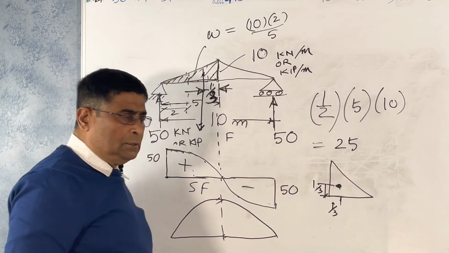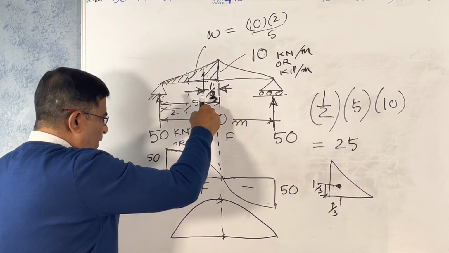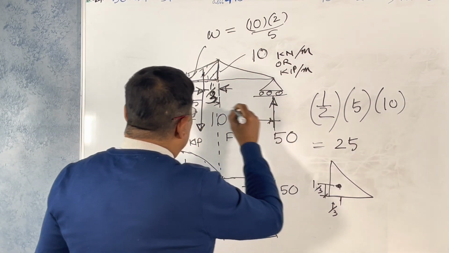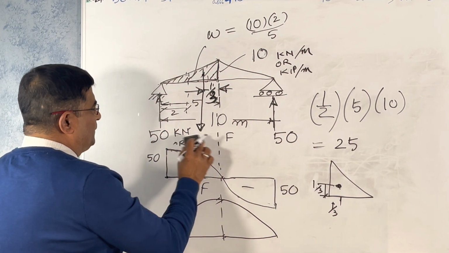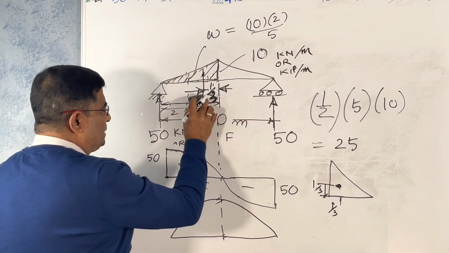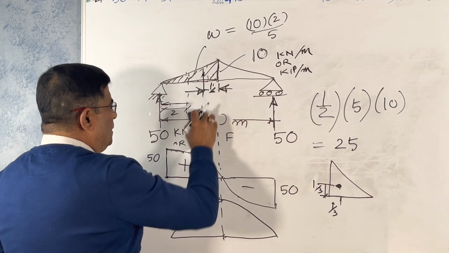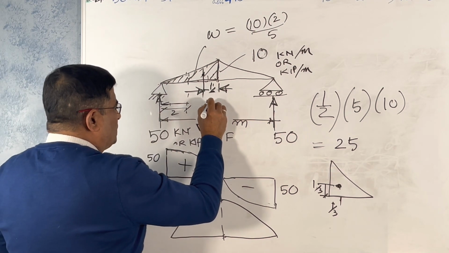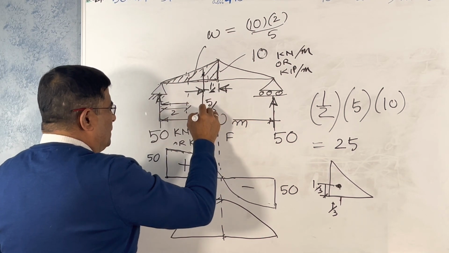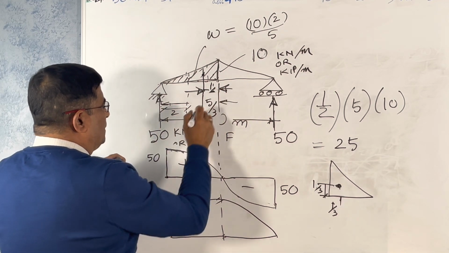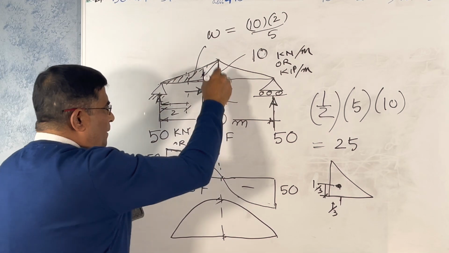So this force will be acting at 1/3 of 5. So this distance is 5/3. If this is 5, then 5/3 is the distance at which this load is acting.